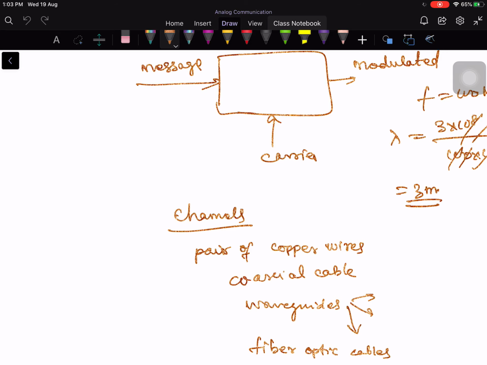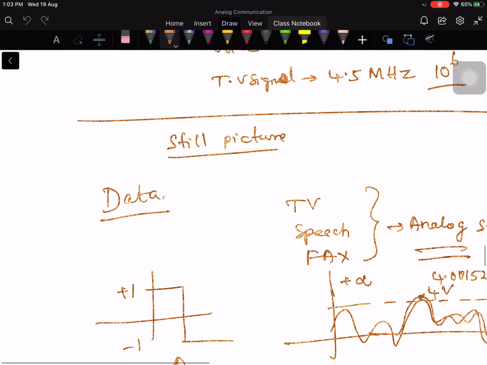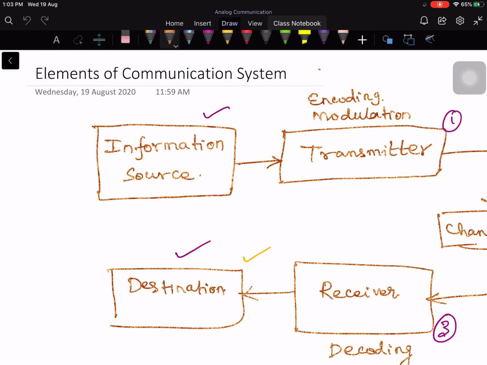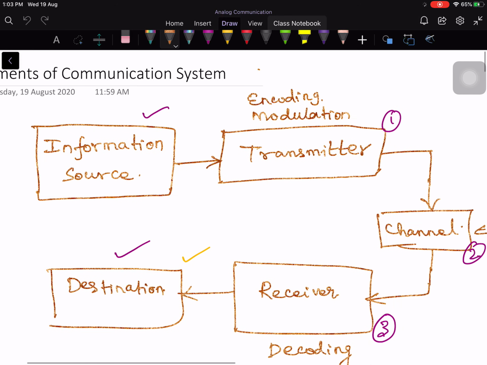So this is a typical block diagram of a communication system, showing the various elements of a communication system. Primarily we will be interested in these three blocks: transmitter, channel and receiver. These three are very, very important for us. We don't spend much time on the information source and destination.